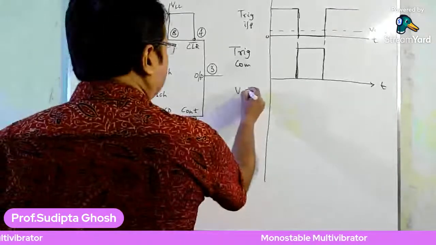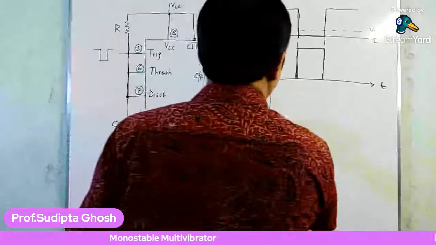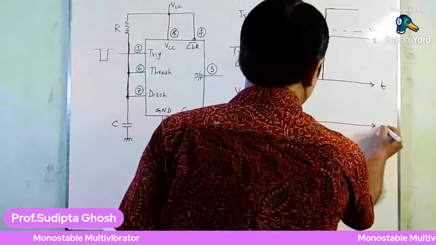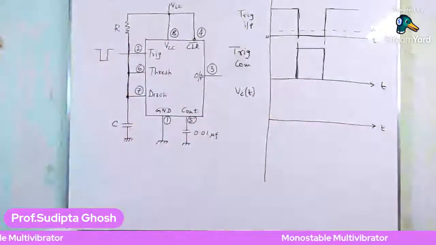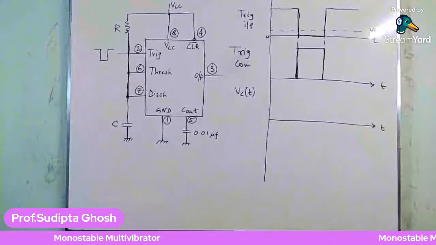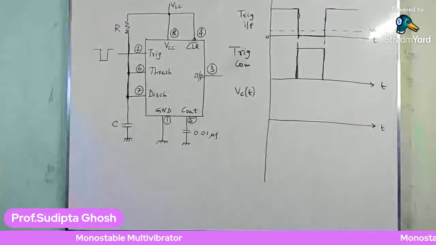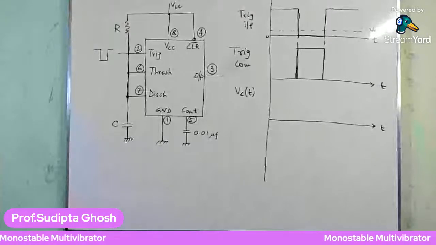Now I am going to draw the capacitor waveform. So this is the capacitor value. As the trigger comparator goes high, what will happen? It makes the output of the flip-flop high.